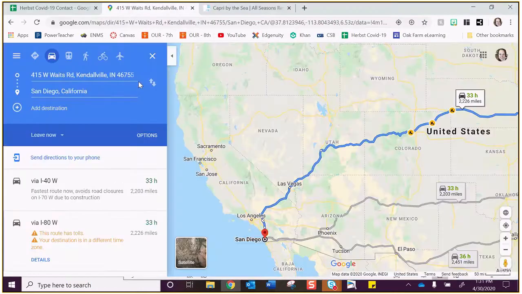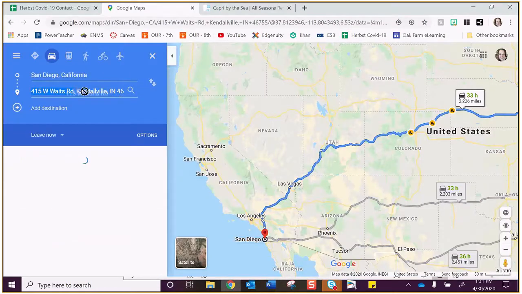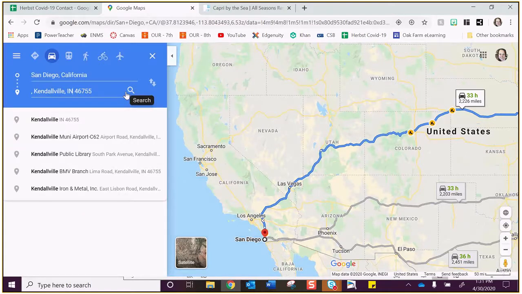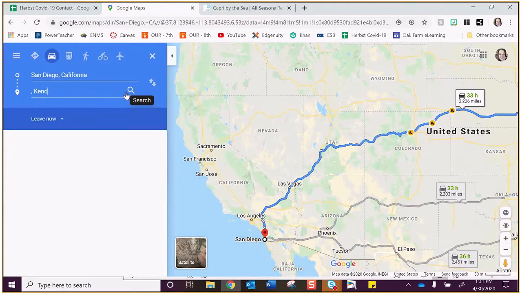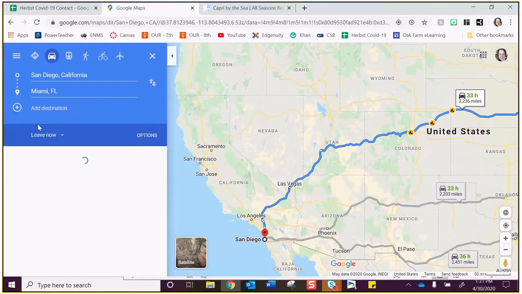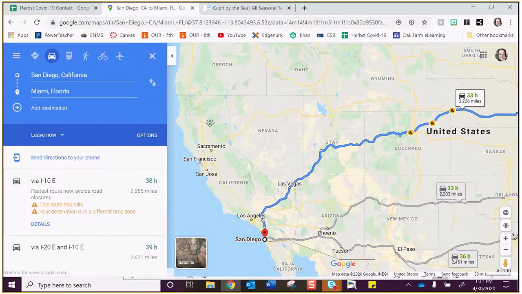So let's pretend that you stopped somewhere and then you got out to San Diego. You stopped halfway or something in a different city. You got yourself to San Diego. Now you want to go from San Diego to Miami, Florida. Okay, so you're going to see again on this trip. I don't know why my map is not loading.